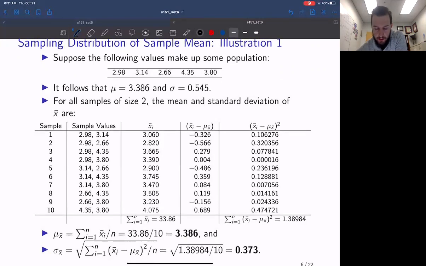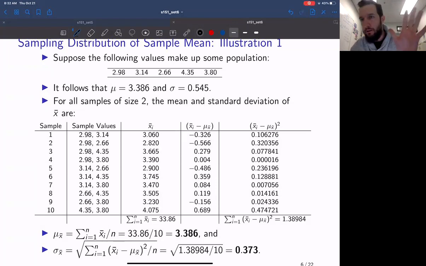So the mean here is just the mean of those 5 values, and the standard deviation here is just the standard deviation of those 5 values. So those are the true values of the population, which in general we don't know, but for illustrative purposes right now, I'm using them for illustration. So we have our population, which is size 5. We know the true parameters, which are shown here.